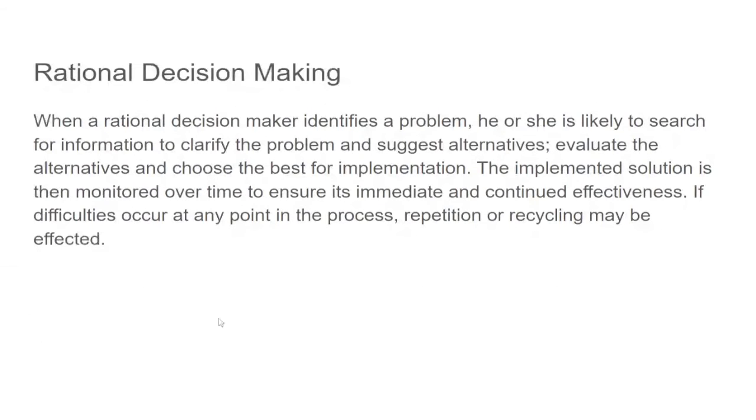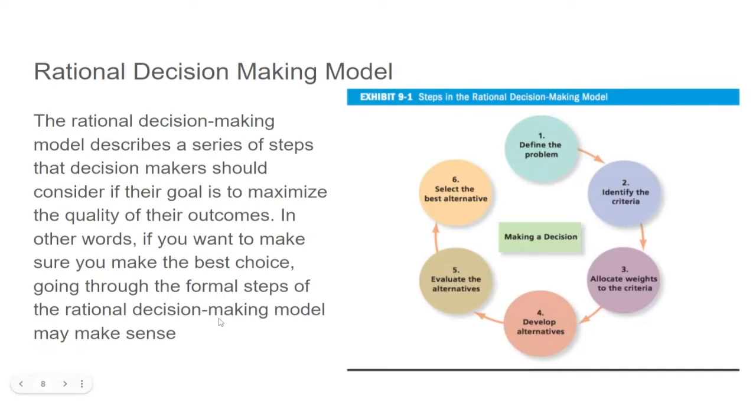So, human nature gets in the way of rational decision making a lot. Now, if we look at rational decision making, it really has a number of key parts. And this is an example, Exhibit 9.1, that was in your book, where we say, okay, first thing we need to do is define the problem. That's a little harder than it seems, but sometimes we just need to define the problem.